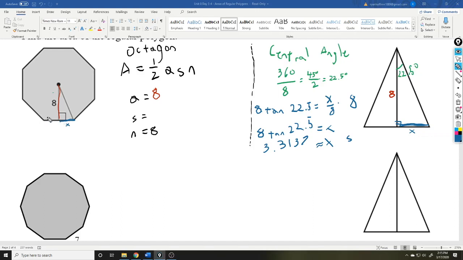So to get the rest of the side length, I actually need to double it back out to get the whole side. So 2 times 6.6274. Now this is what goes in for my side length.